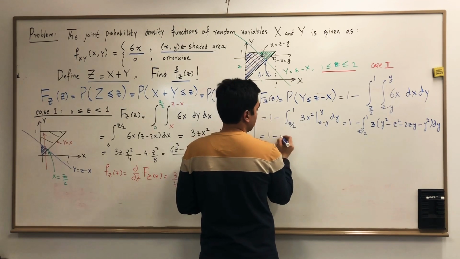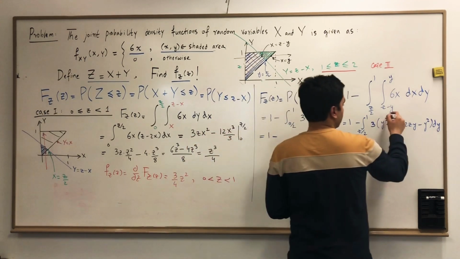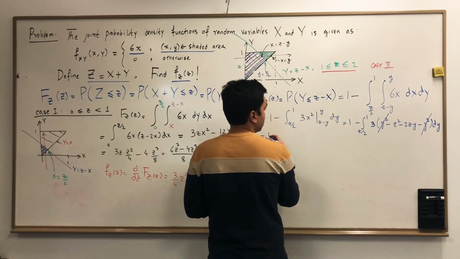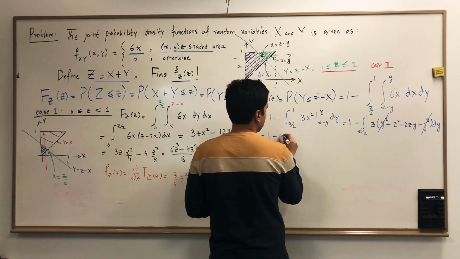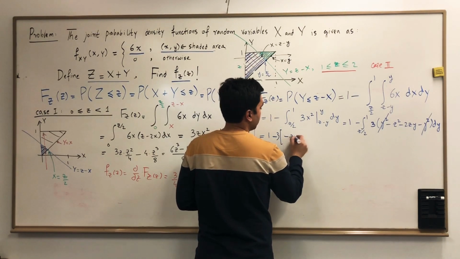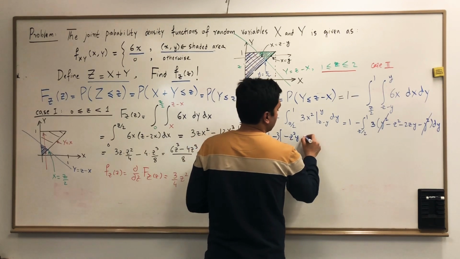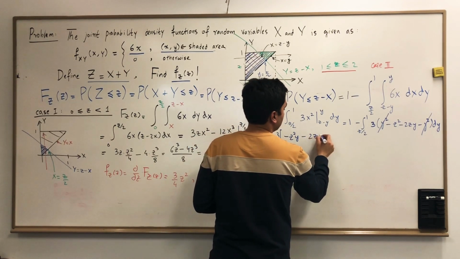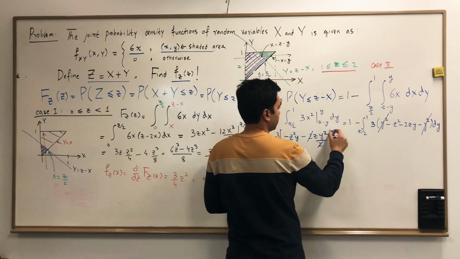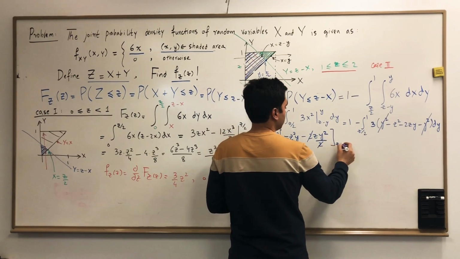So this y squared and y squared cancel, so we'll be left with 1 minus, so 3 can stay outside, so this will be minus z squared y minus 2z y squared over 2, so this 2 will cancel, and the limits are z over 2 to 1.